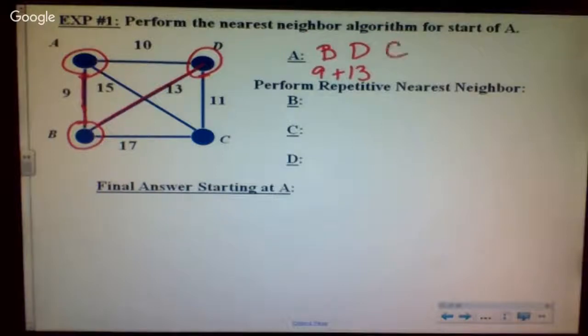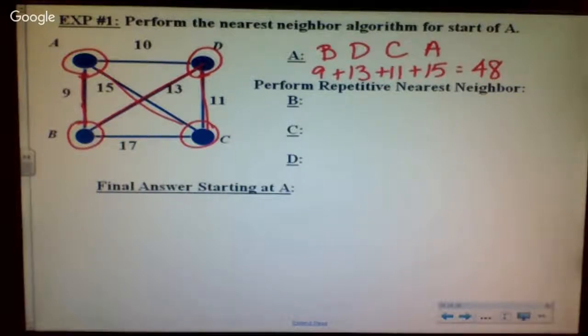And then I have to go to C, because remember, we have to go to every dot for Hamilton. That has a weight of 11. And this is a circuit, so I must go back to home, which is 15. What does that give us for a total? 48. Okay?